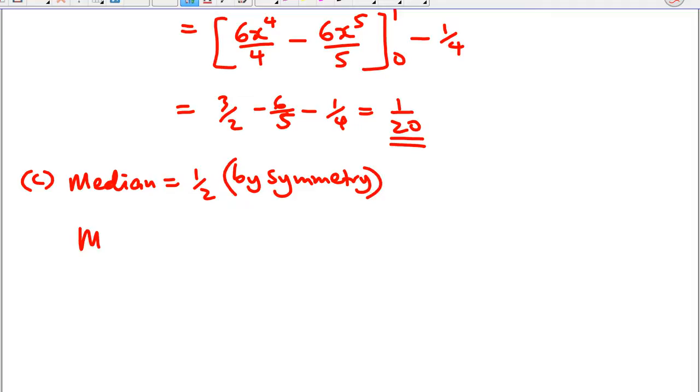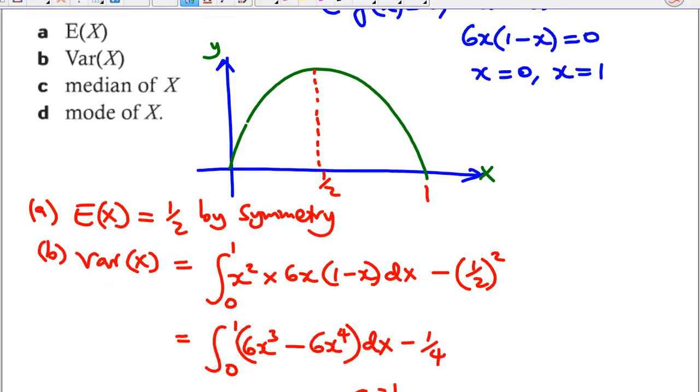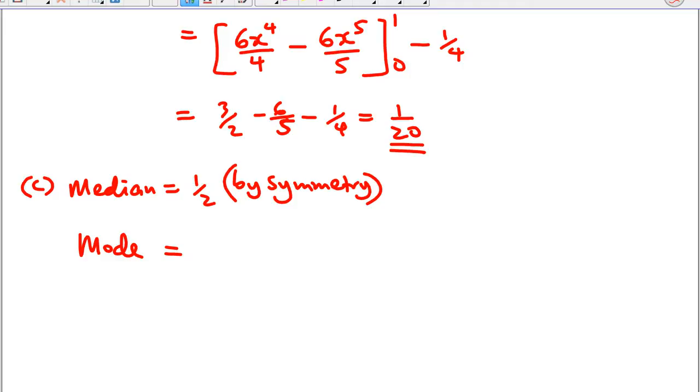The mode is the x value at the maximum, again a half, so the mode is a half. And again, this is by symmetry. Good.